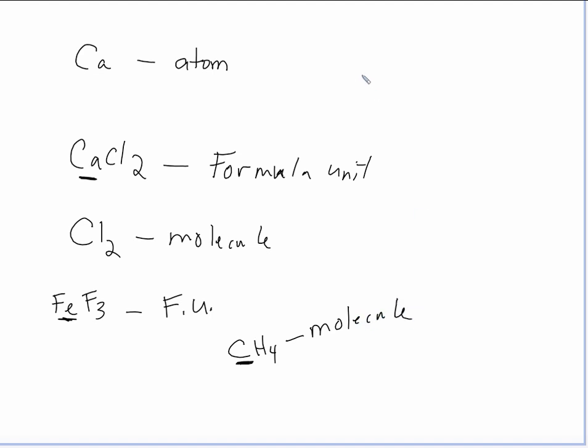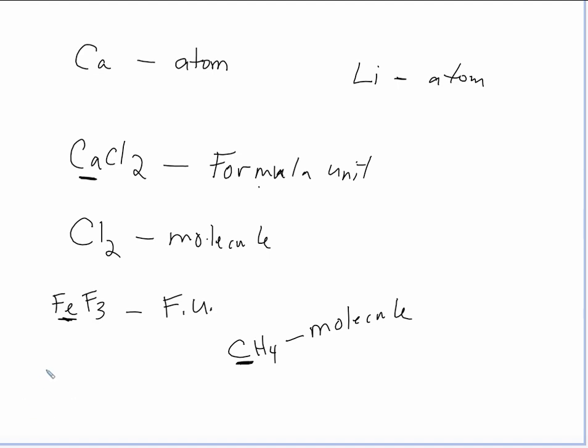If you had something like Li, that exists as an atom because it's not a collection. Whenever you have a collection, you have to label it as a formula unit or a molecule. That's important.